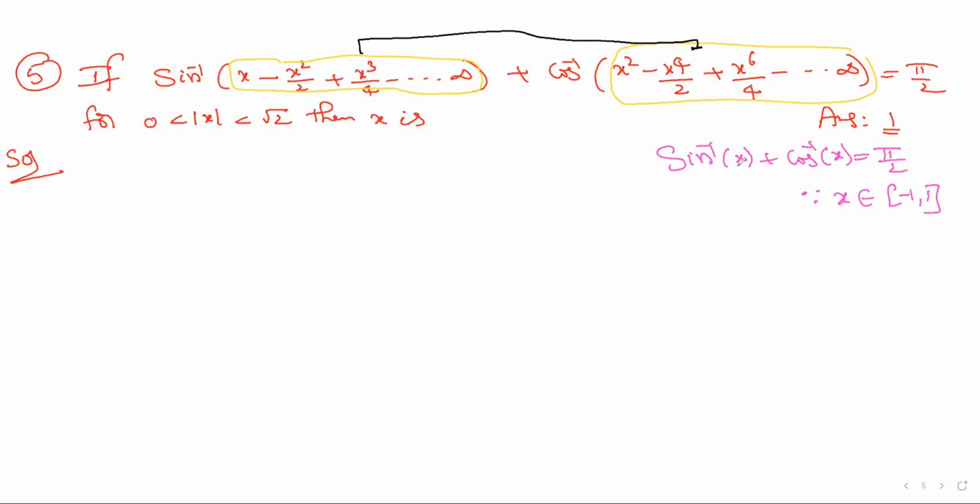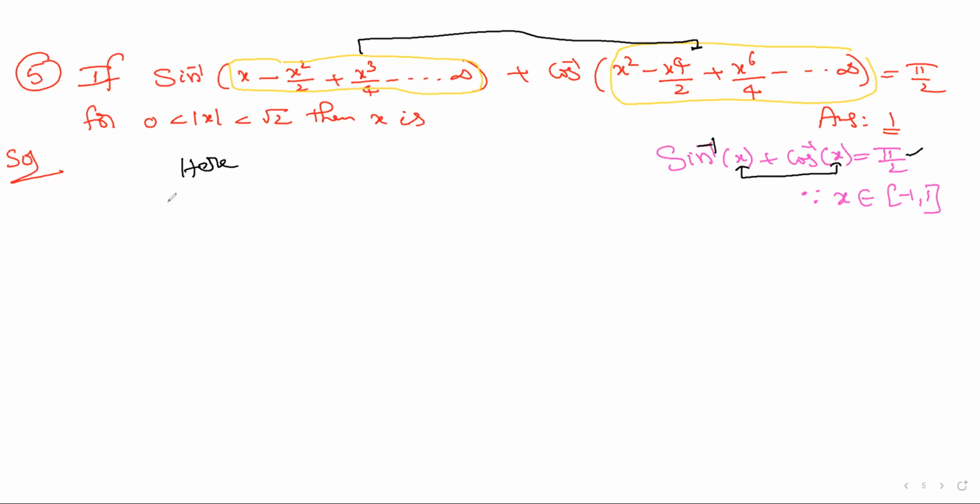Why? Because what is the formula here? Sin inverse x plus cos inverse x is equal to pi by 2. If these two values are equal, it will be pi by 2. So from the result and the statement, this result will be pi by 2 given.